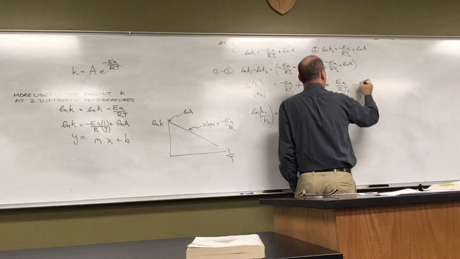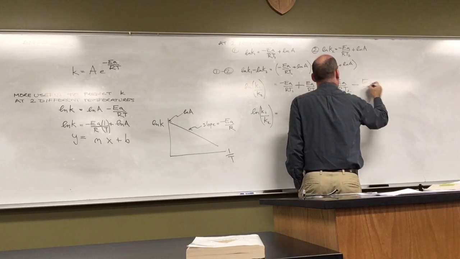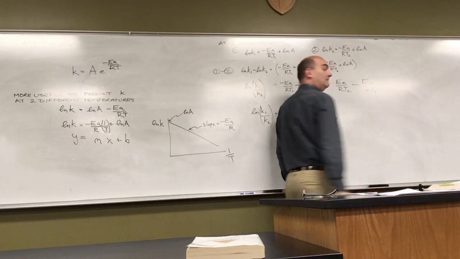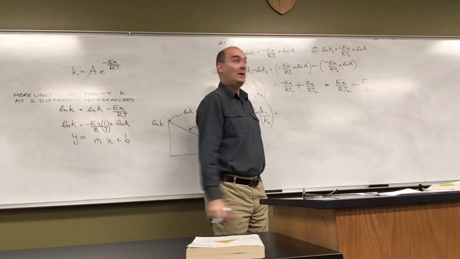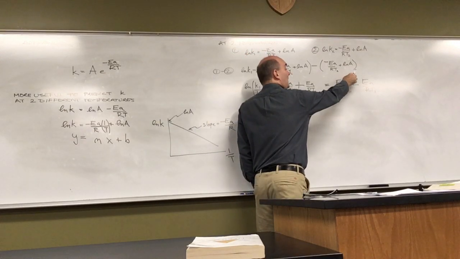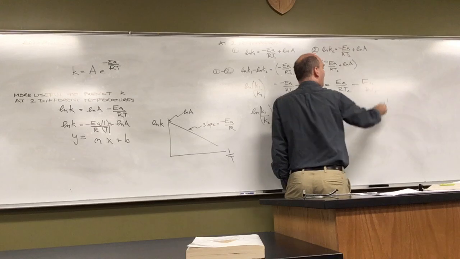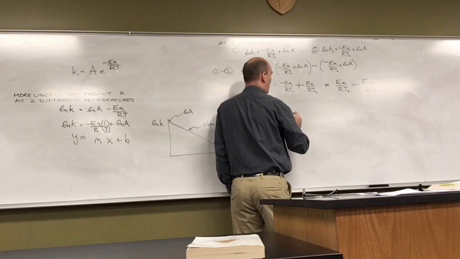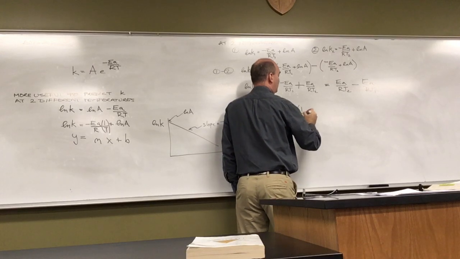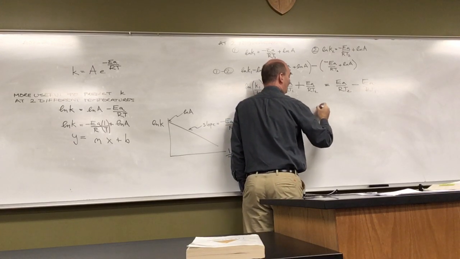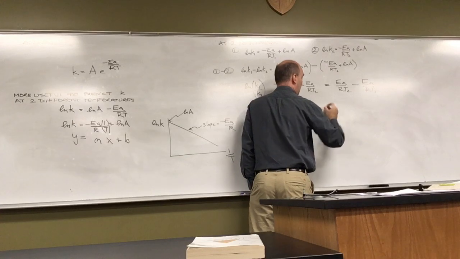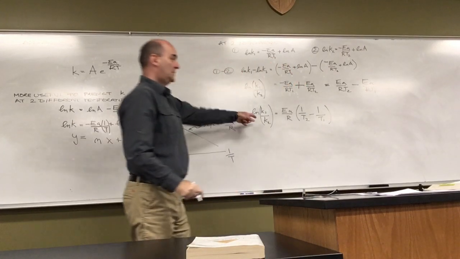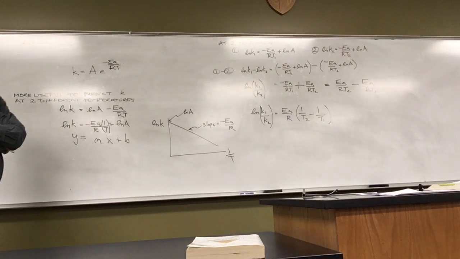EA over R T2 minus EA over R T1. Yep? All right. Now I'm going to break out the t's as their own separate thing. So I get EA over R, done. That's my formula.